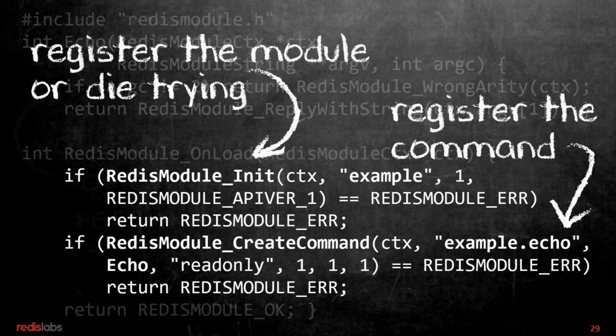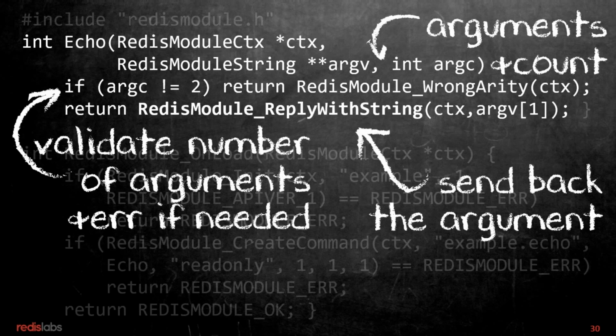Looking at the echo function, which implements the echo command, you can see that I'm doing two things here with the arguments. First, you can see the first argument is the context, which gets passed here, and then two additional arguments, as it is in C world, the arguments array and a count of the arguments.